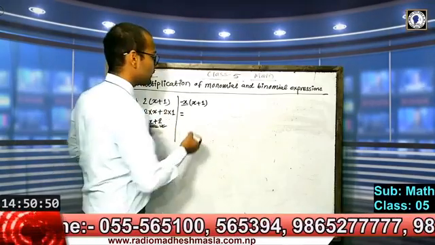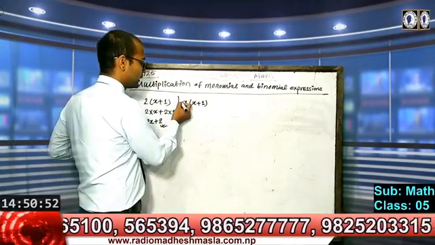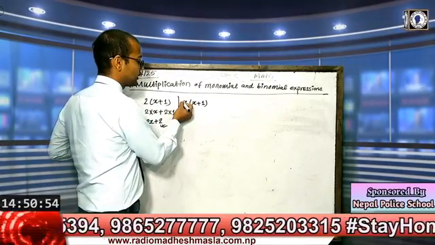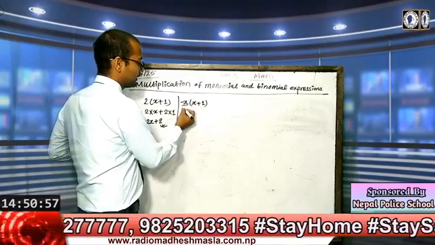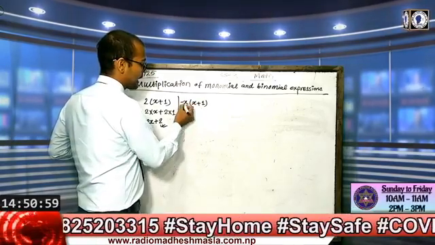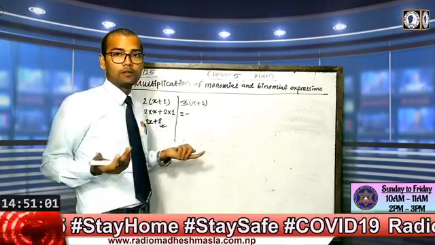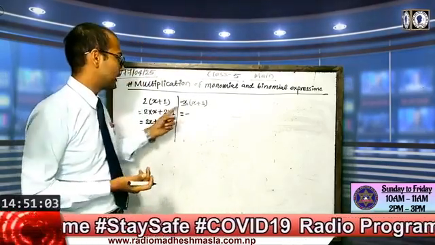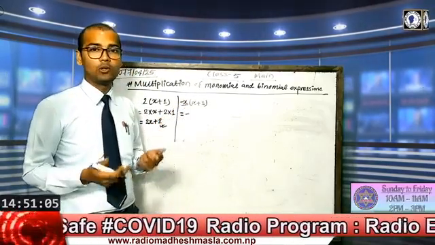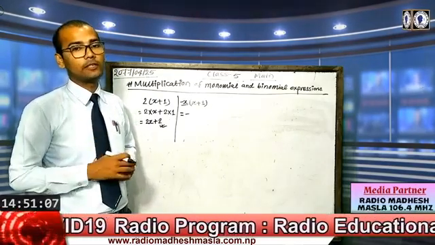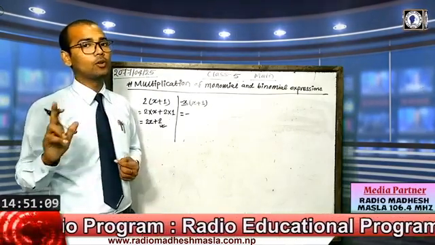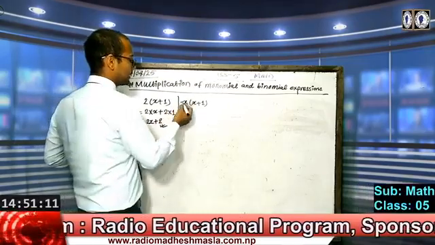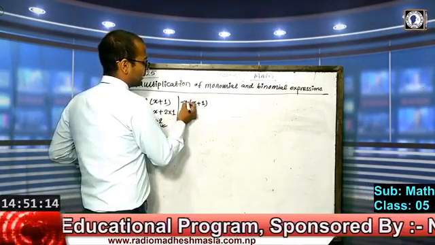So here we should first multiply sign to sign. Minus into plus, we will get minus, and then coefficient into coefficient. Is there any coefficient? No. If there is no coefficient, it means 1 is the coefficient, and 1 into 1 is 1. So what we have is x then.